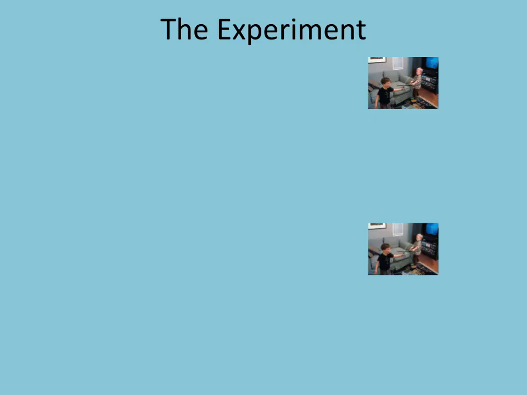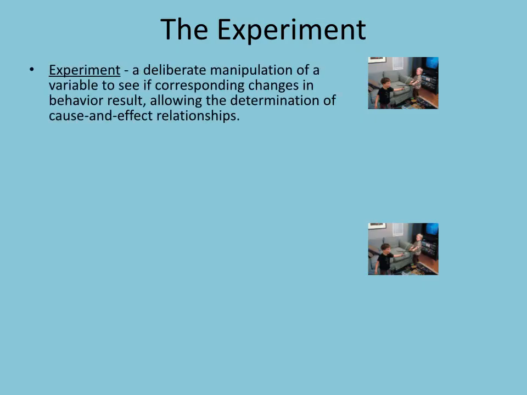Now, the experiment. An experiment is something you've heard of, seen, and dealt with many, many times, and we'll be seeing a lot of them in psychology. So we need to be refreshed and make sure we know exactly what they are. An experiment is a deliberate manipulation of a variable to see if corresponding changes in behavior result. So the experiment manipulates one thing to see if there is a reaction or a change in behavior.